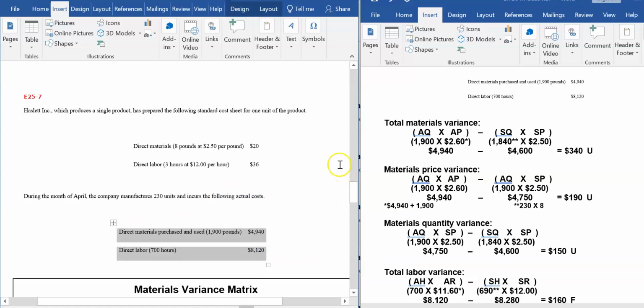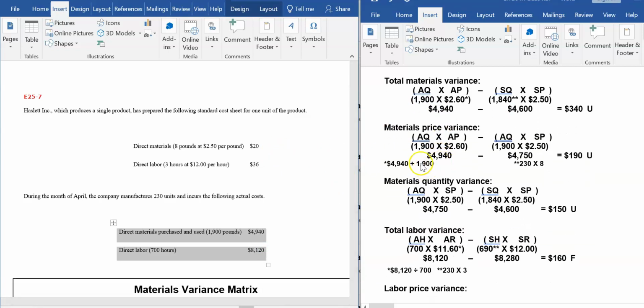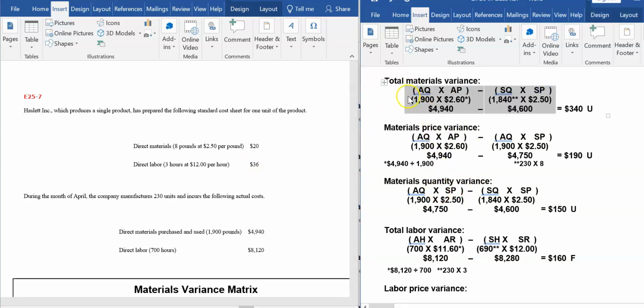So these are all their actual costs. They want us to go ahead and calculate the materials total variance, materials price variance, materials quantity variance. Once we have the formulas down, it's really just a matter of dropping in numbers.